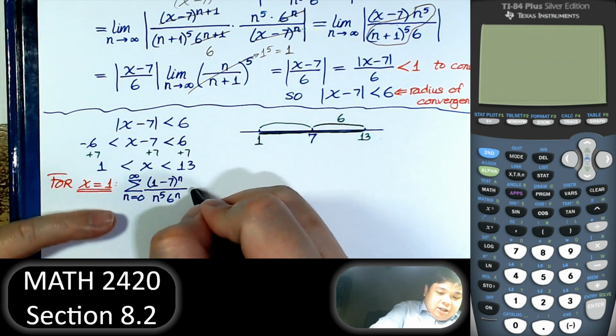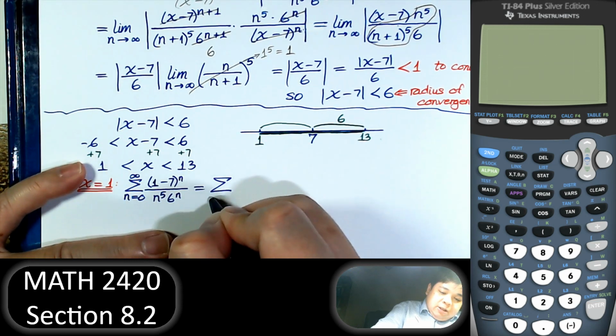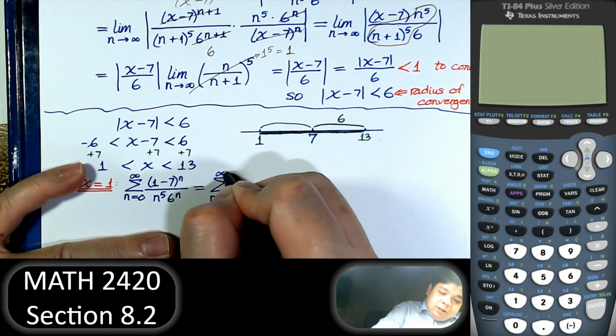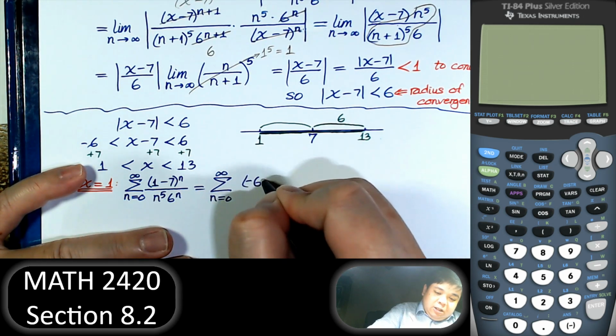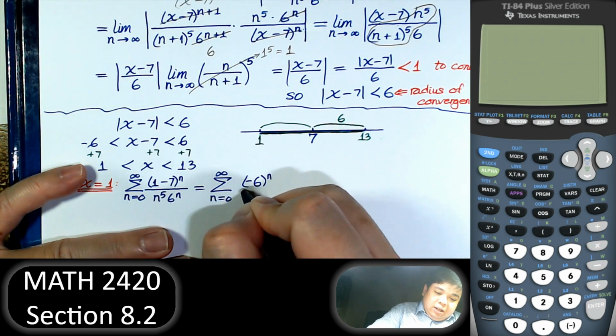That gives us 1 minus 7, which is minus 6, to the n.